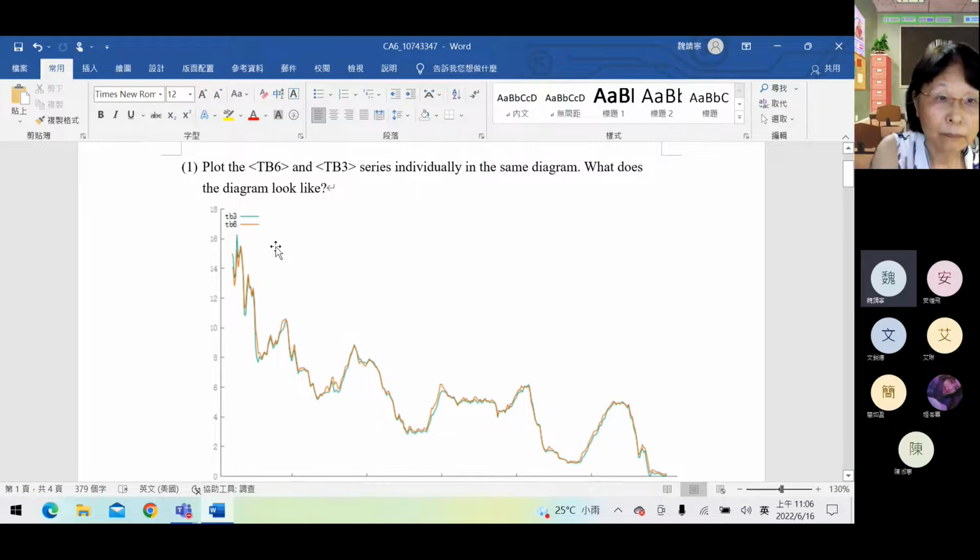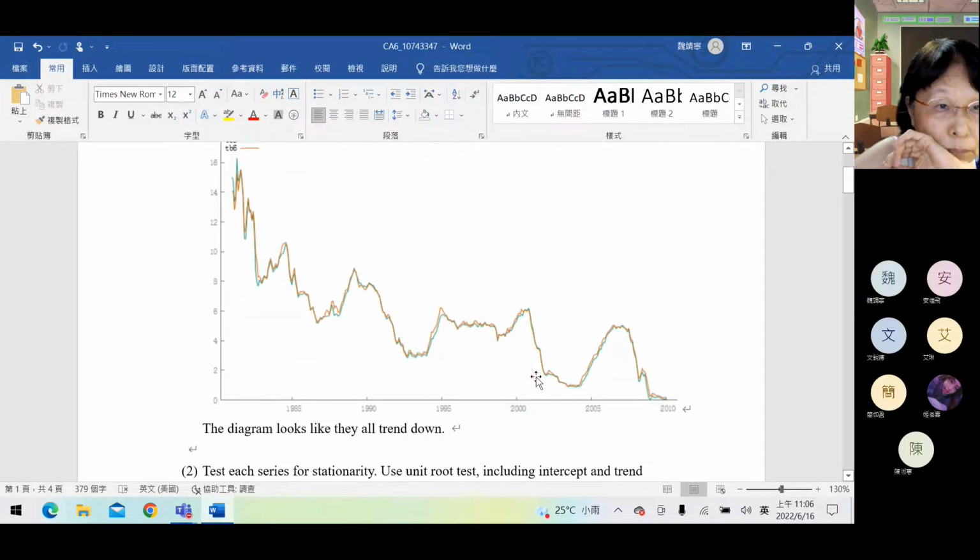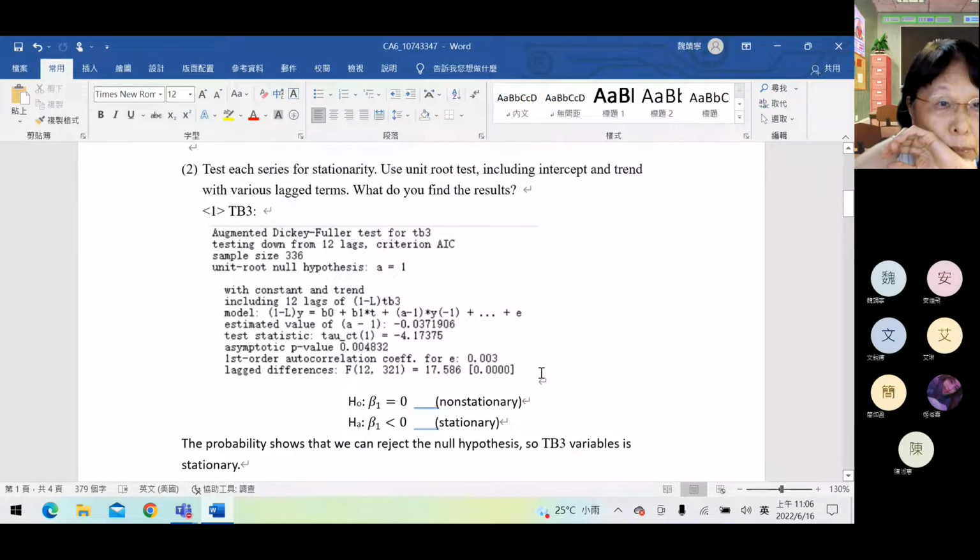Number one, we need to plot the TB6 and TB3 series individually in the same diagram. And what does the diagram look like? I think the diagram looks like they are all trending down. Okay.